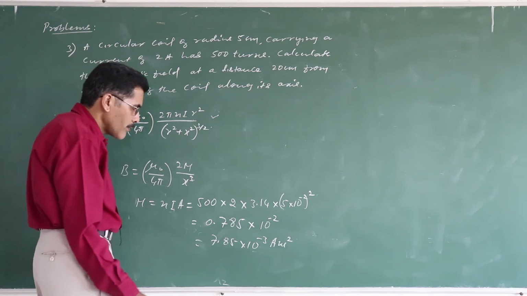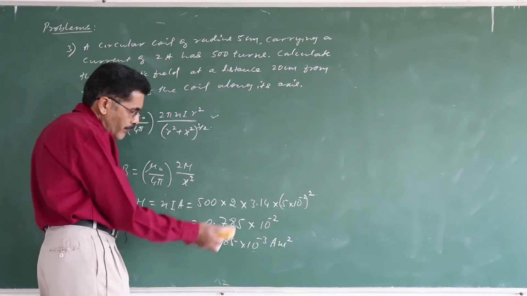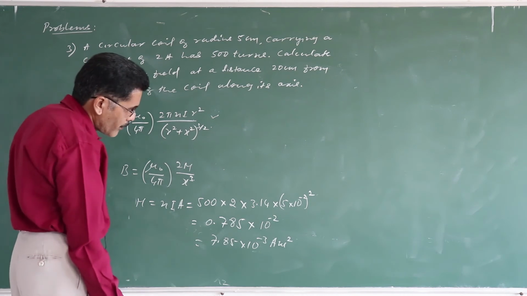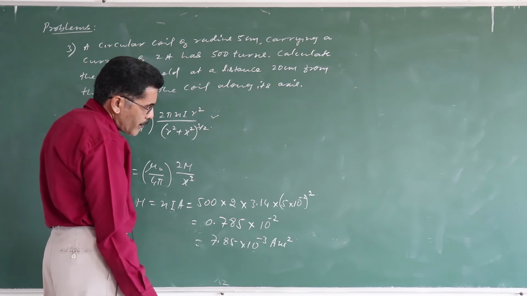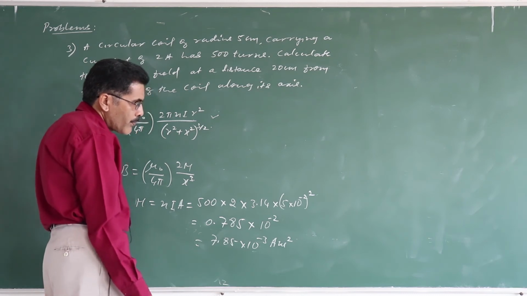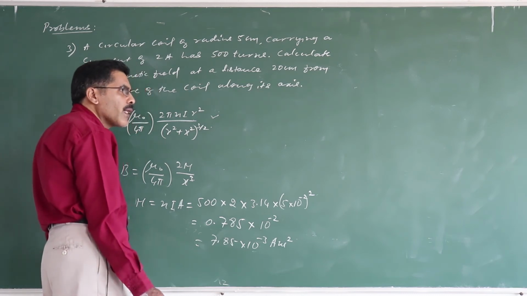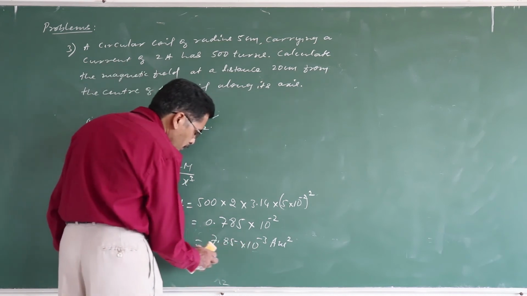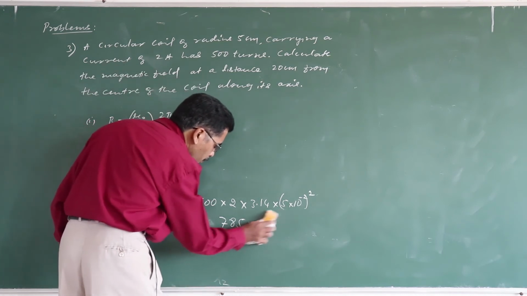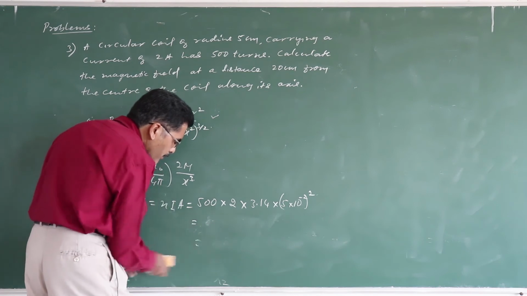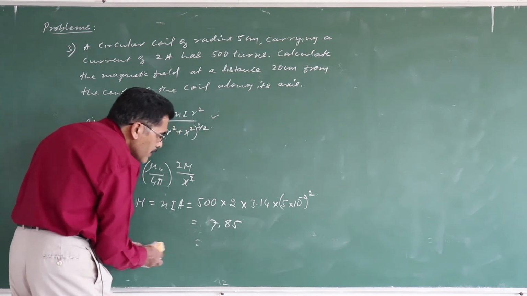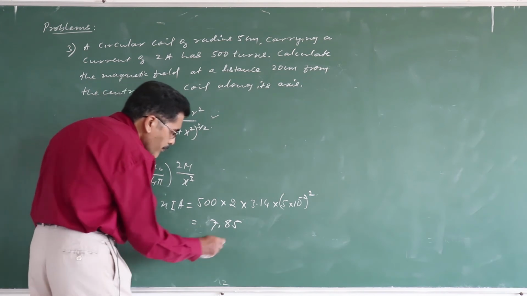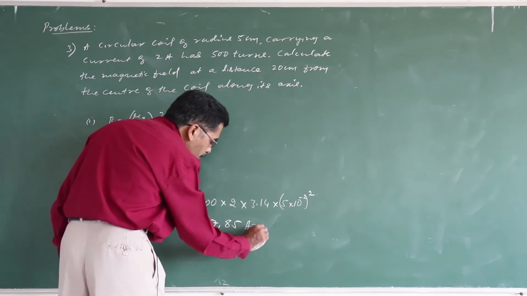Therefore, 0.25 into 10 raised to 1. See, therefore this comes out to be 7.85 ampere meter square.